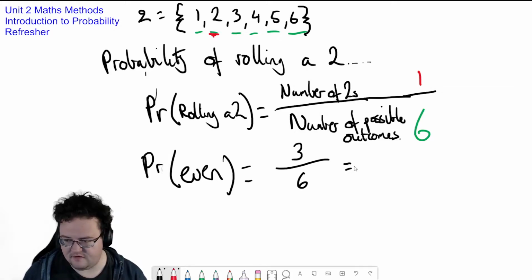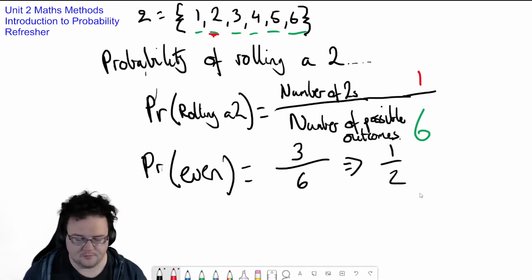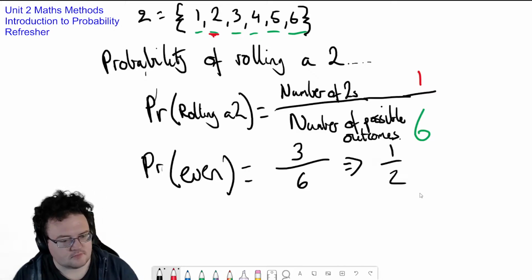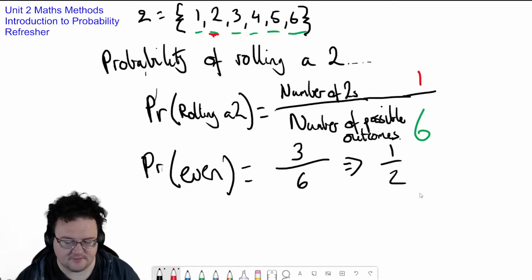And then you would simplify that fraction down to 1 over 2. Where possible, if you can simplify a fraction, simplify it.